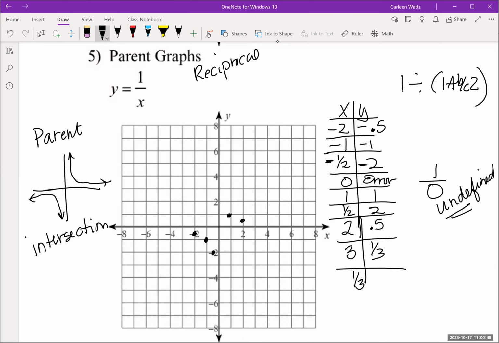Yeah, Zoomers, can we see that 1/3 gives me 3? So -3 gives me -1/3. -1/3 gives me -3. Can we see the shape? No. Same thing here.